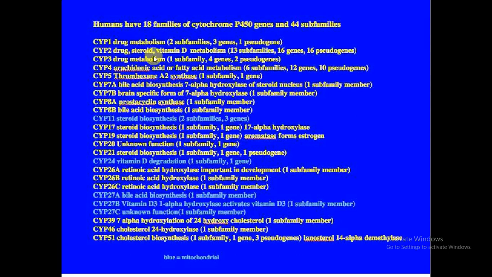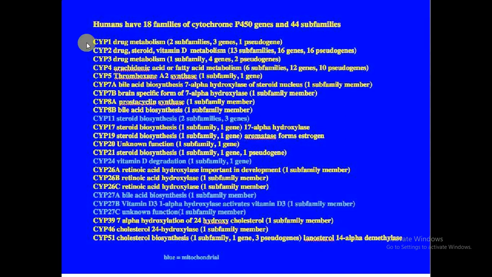Cytochrome P2 is responsible for drug, steroid, and vitamin D metabolism, with 13 subfamilies, 16 genes, and 16 pseudogenes. Cytochrome P3 is also responsible for drug metabolism, with one subfamily, 4 genes, and 2 pseudogenes. And cytochrome P4 is responsible for arachidonic acid and fatty acid metabolism, with 6 subfamilies, 12 genes, and 10 pseudogenes.